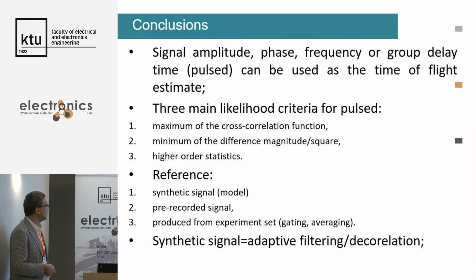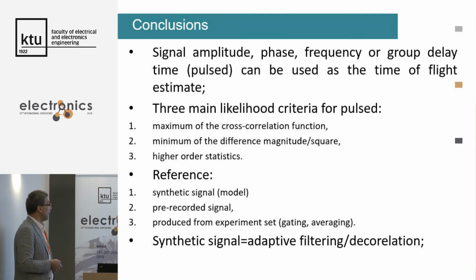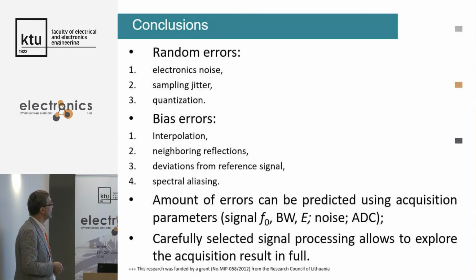And then the reference signal: you can pre-record it, or you can create it synthetically, making some Gabor function or other functions. And when it comes to a synthetic signal, you can apply adaptive filtering, because then you can change the shape of the signal easily.